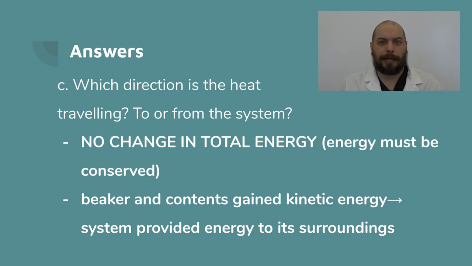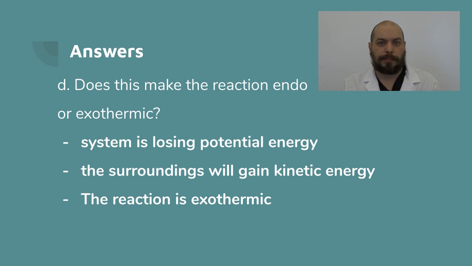So if it's gaining kinetic energy, that means that the system itself must have been providing the energy into its surroundings. Otherwise, the surroundings wouldn't have increased in kinetic energy. So the system is going to lose potential energy, and the surroundings is going to gain kinetic energy. This process, in part D, you'll recognize as being exothermic in nature. So the exothermic nature of this reaction leads to an increase in temperature of the surroundings, which is the beaker and the solution within it.